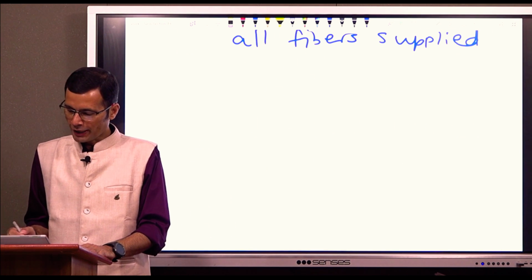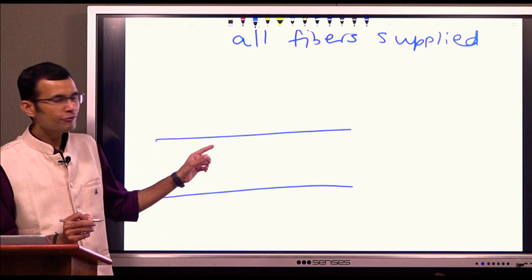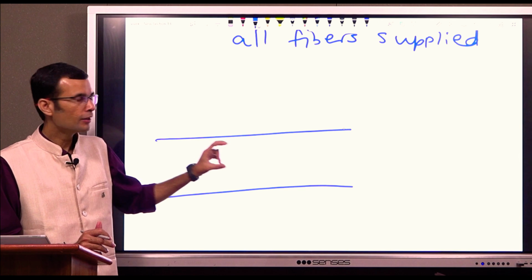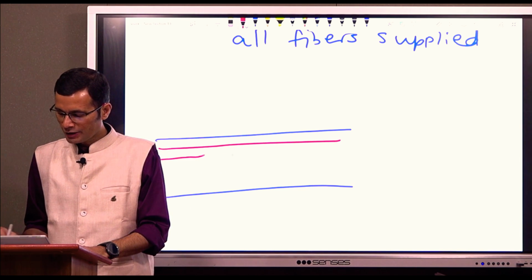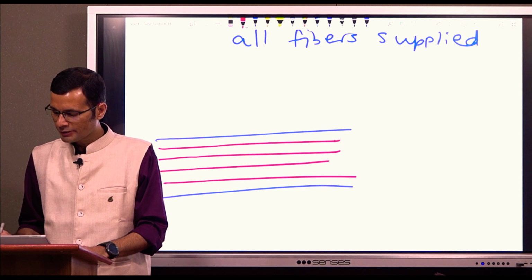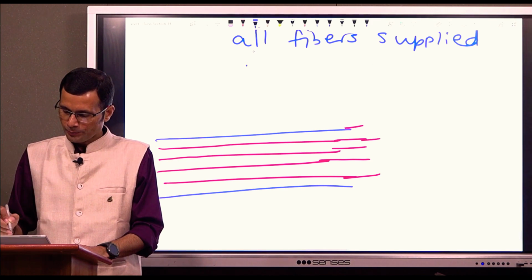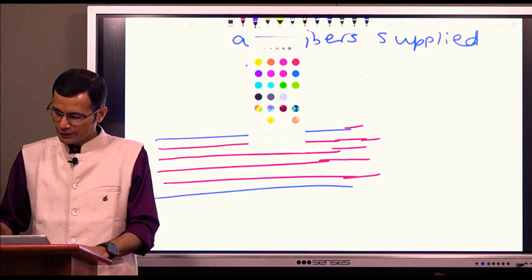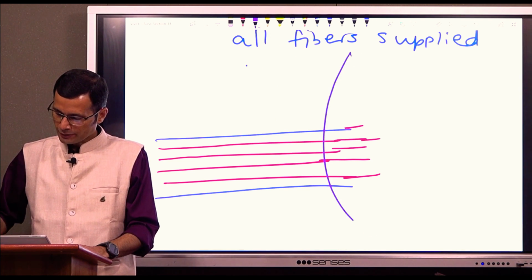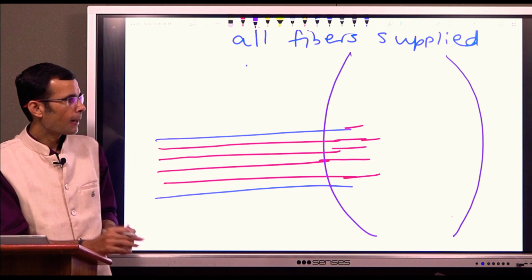Let me just draw a diagram. Let us represent this diagrammatically. Suppose this is a nerve. Nerve is a nerve trunk and there are nerve fibers in that nerve. These are the nerve fibers, the axons, and this is the muscle that it innervates. This is the entire muscle. Just a diagrammatic representation.